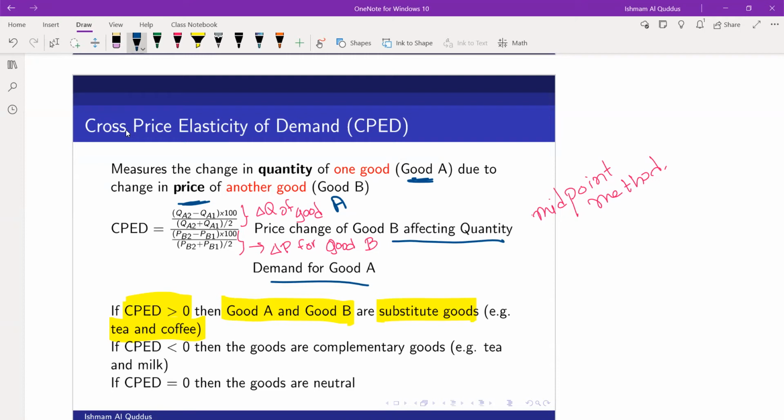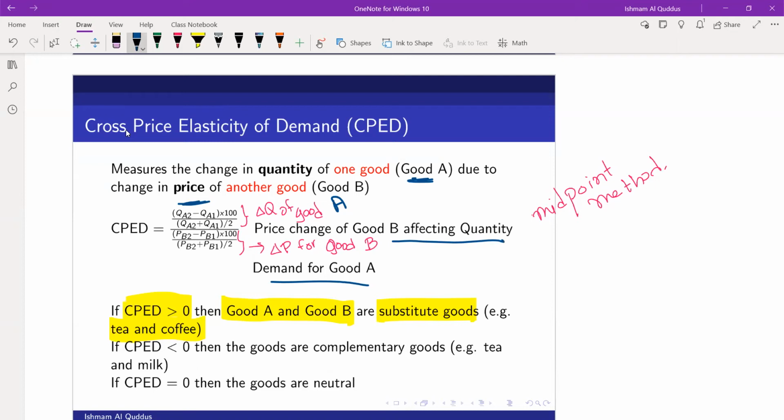But now the price of coffee beans in the market is high. So how would this price hike in the coffee market affect the demand for tea in the market? So tea and coffee are classic substitute goods.